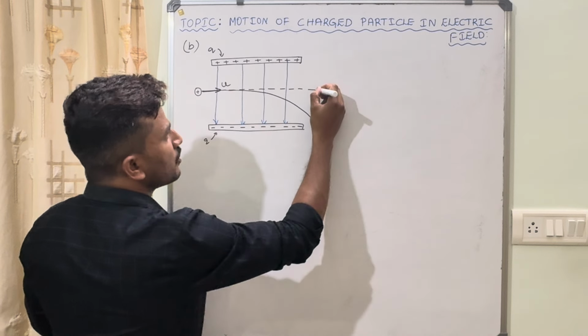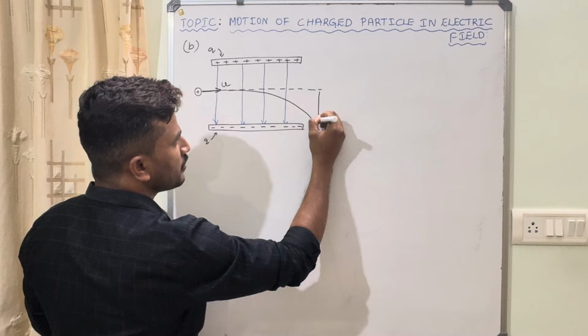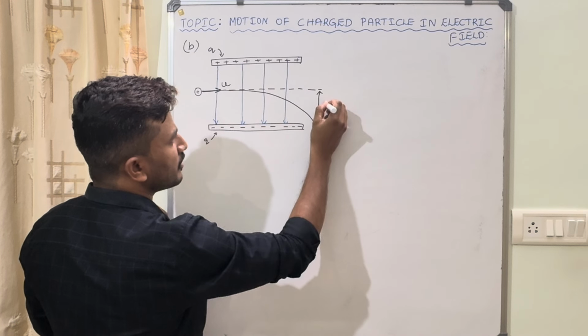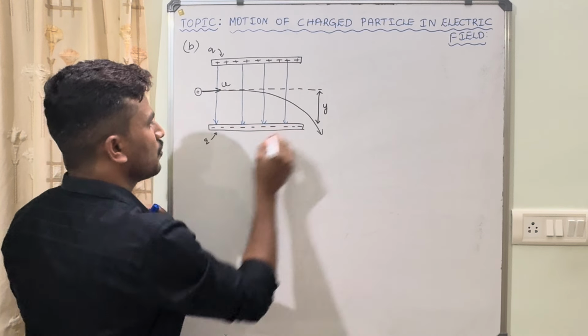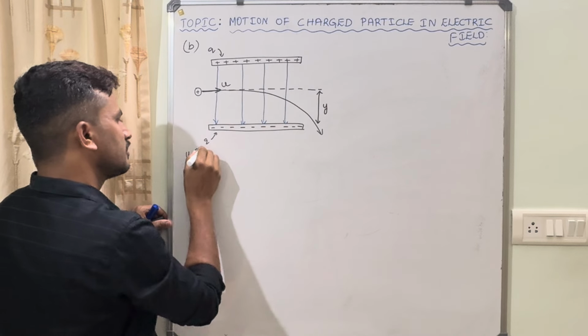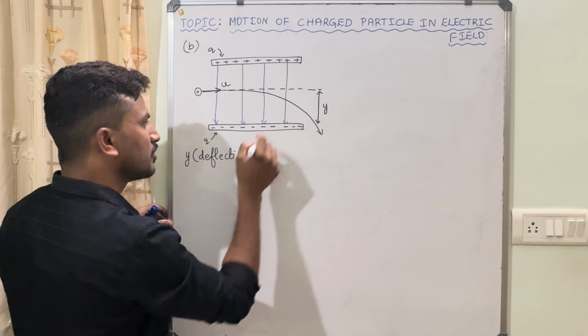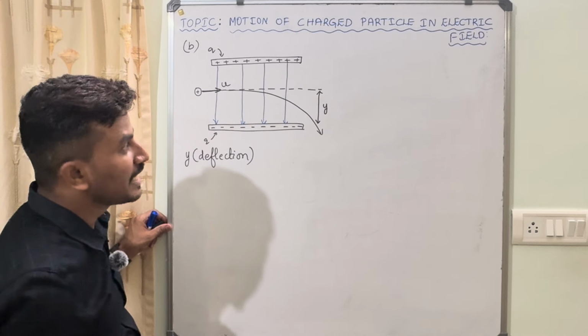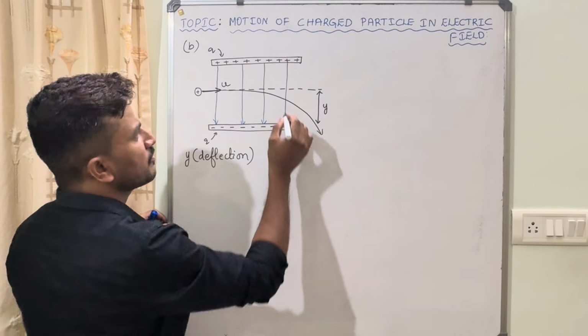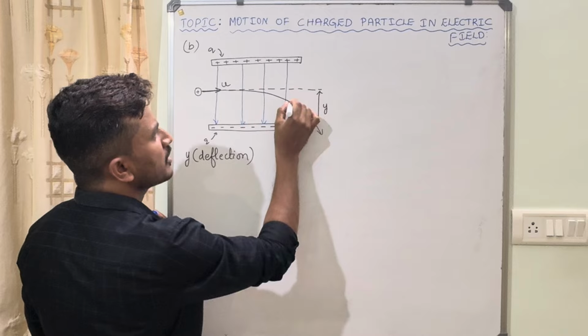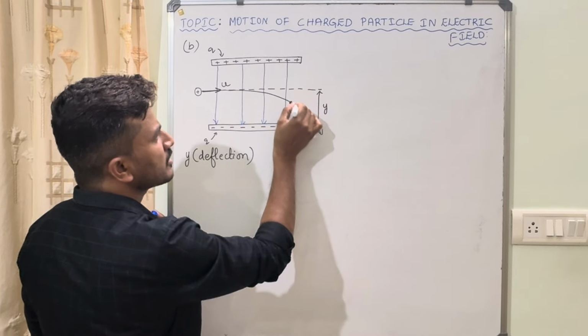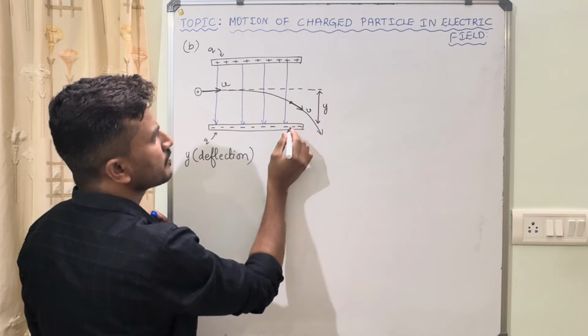So this is called the deflection produced by the external electric field. How much is that? We measure it in terms of angle. So at this particular point, the velocity in this direction is v.